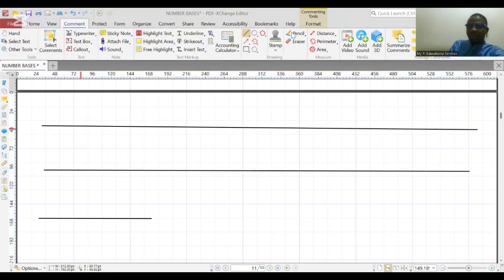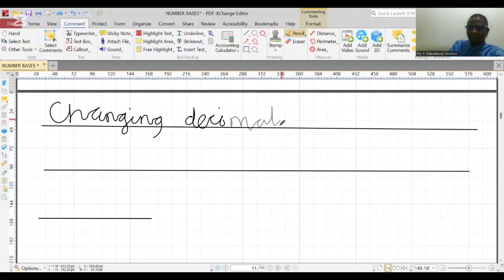So the topic would be changing decimals in base 10 to other bases.